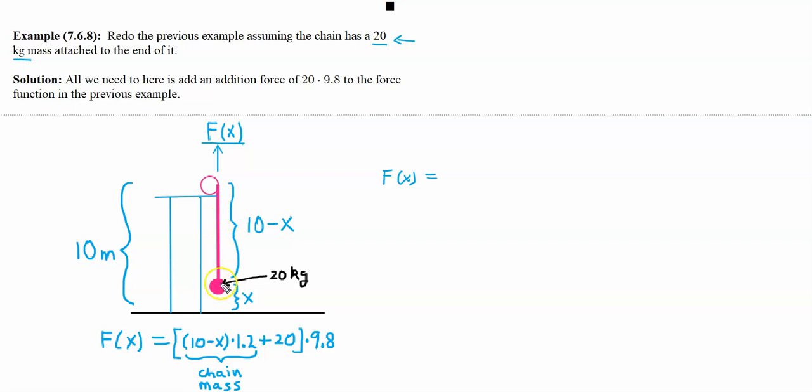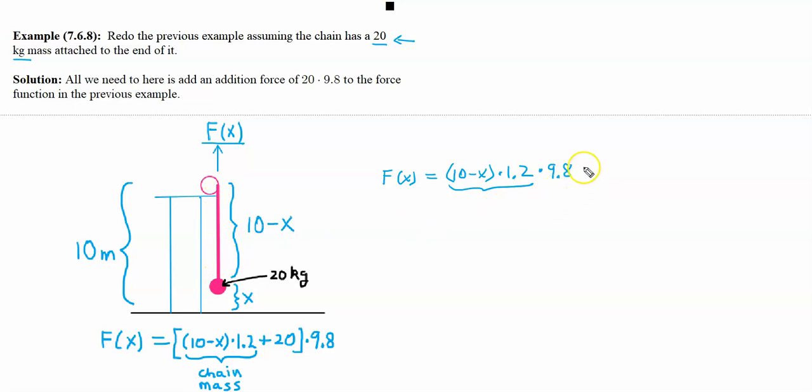Ignore the weight on the end of it for now. Just the chain itself, we already saw that the amount of force is going to be (10 minus x) times 1.2, times 9.8. This is the mass of the chain hanging down times the acceleration near the surface of the Earth. So that's the force of just the chain.